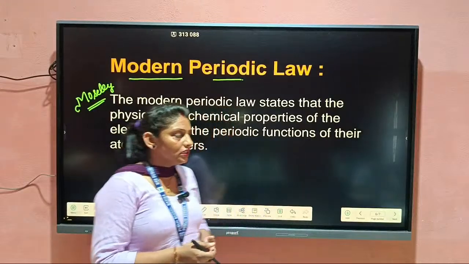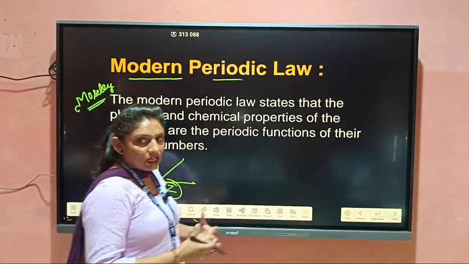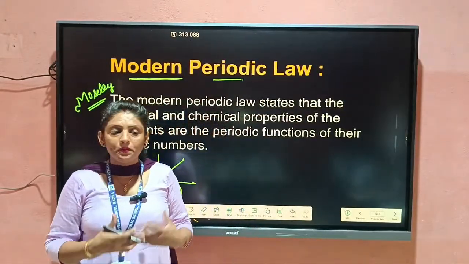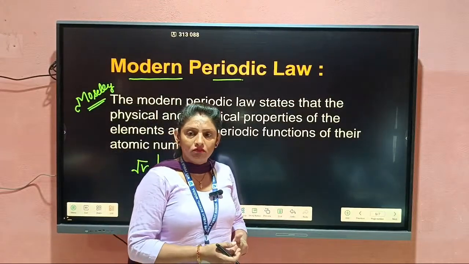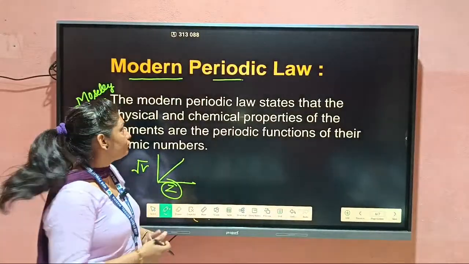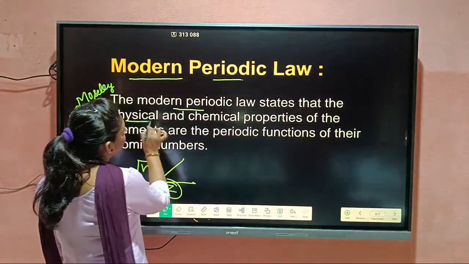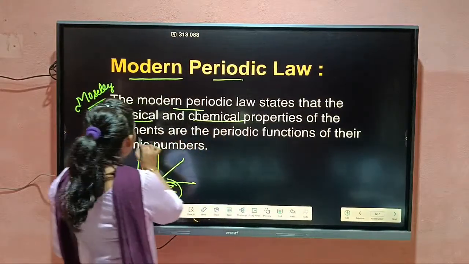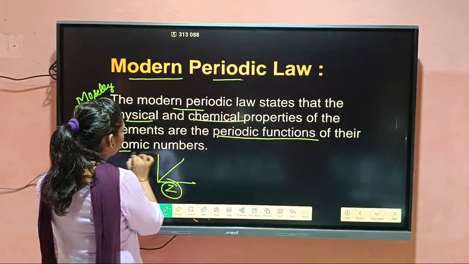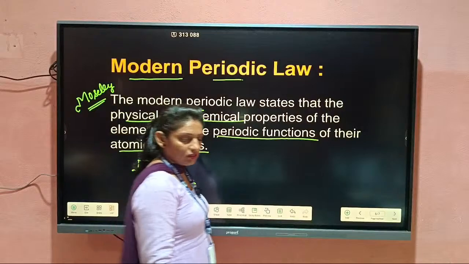But atomic numbers are regular. So properties are a periodic function of their atomic number, not of the atomic masses. This was told by Moseley. So the modern periodic law states that the physical and chemical properties of elements are a periodic function of their atomic number. Is it clear to you or not? Yes.